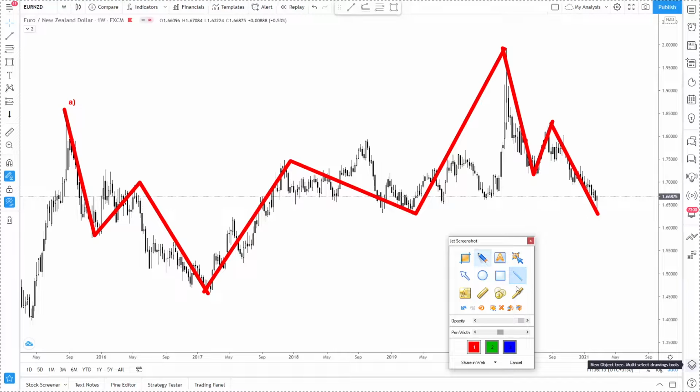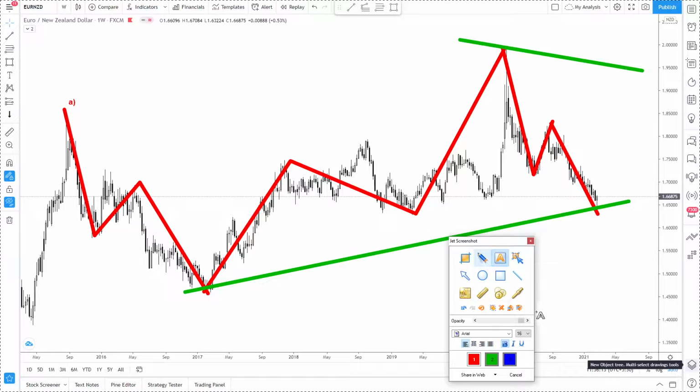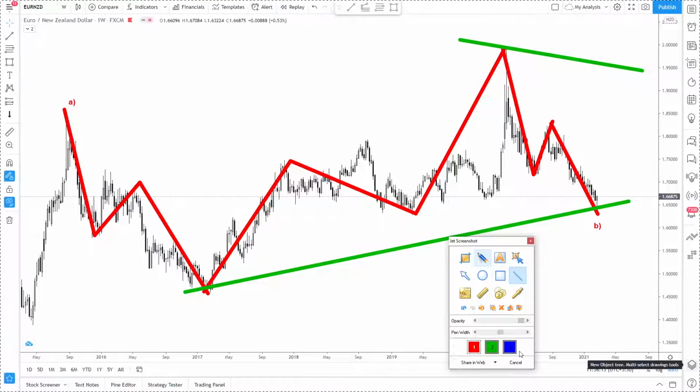So for me, it looks like here it could make a triangle, or this could be the B wave in an irregular flat formation. So this could be an A, this could be a B. After that, I'm looking for that C wave here.